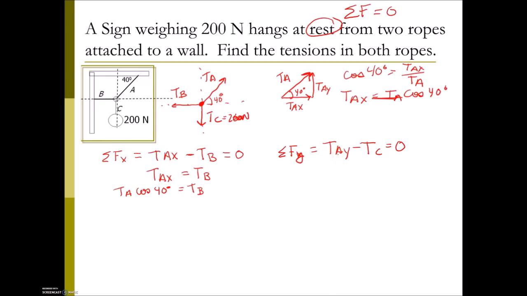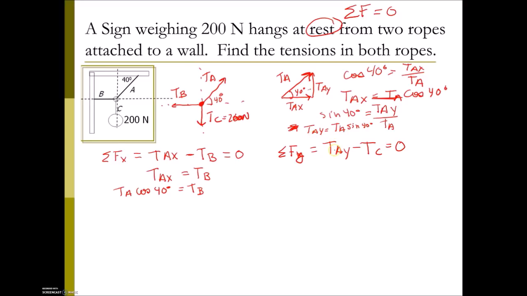I'm going to plug in my TAY. Notice that that is the opposite. So the sine of 40 degrees is equal to TAY over TA, which means that TAY is equal to, rearrange that, TA times the sine of 40 degrees.